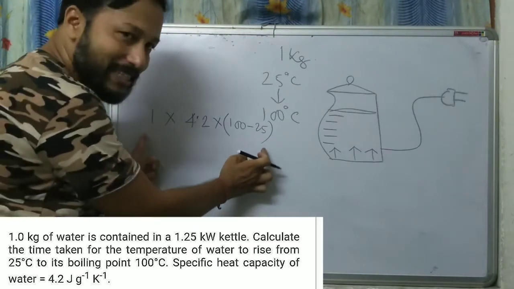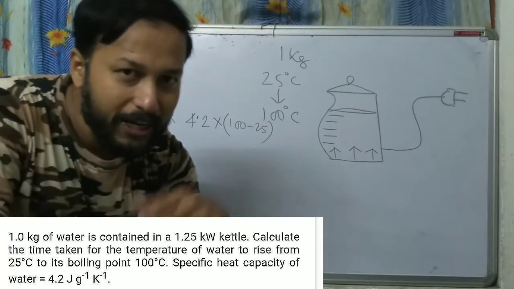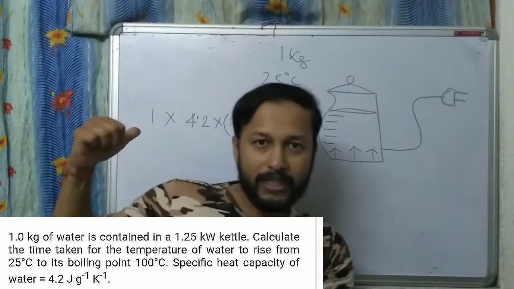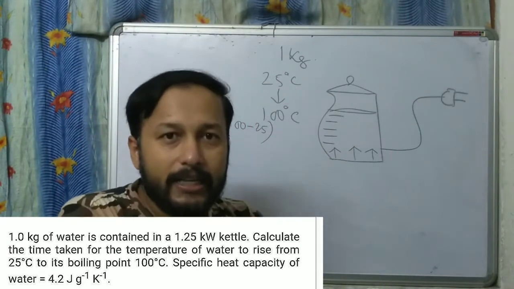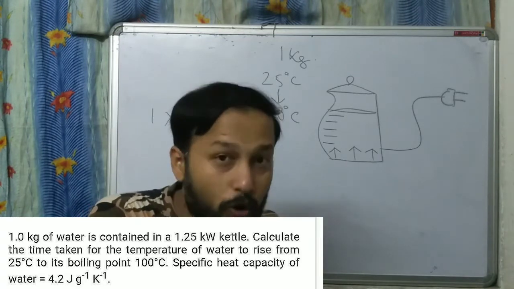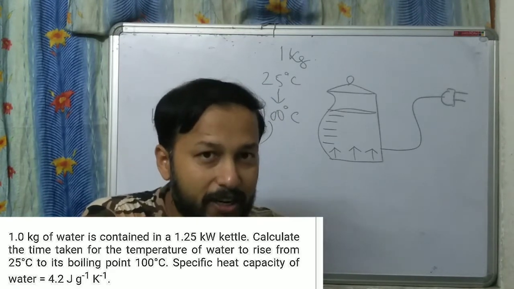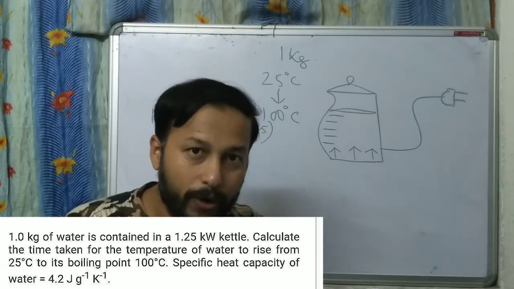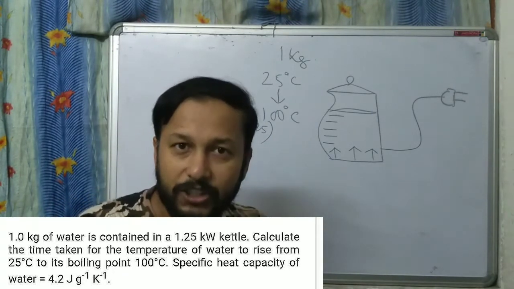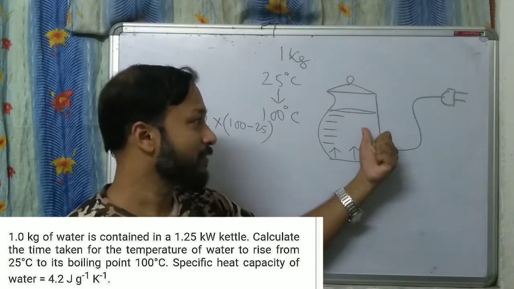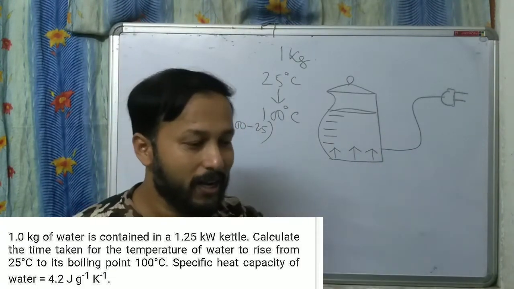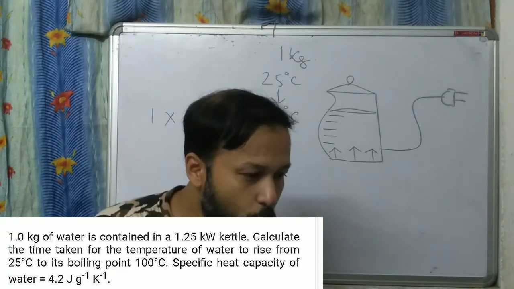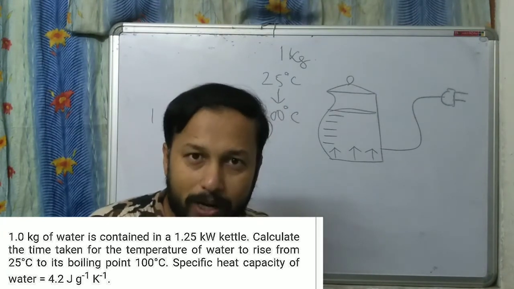This is the amount of heat required for water. By this formula we are getting the amount of heat the water is taking. Now who is giving that heat? The kettle is giving that heat. Here the power of the kettle is given. The power of the kettle is 1.25 kilowatt.